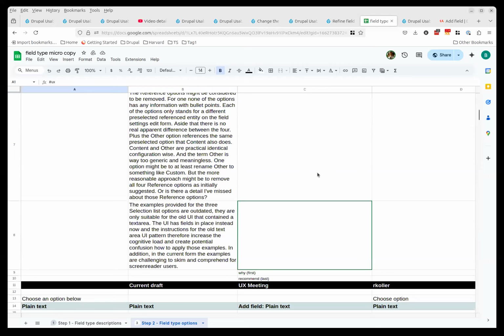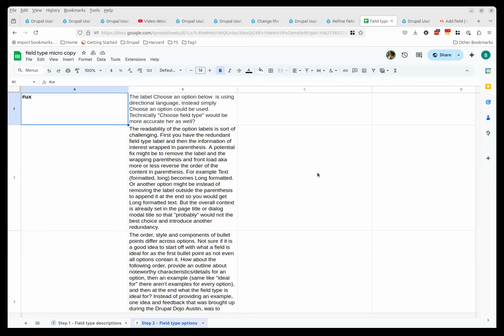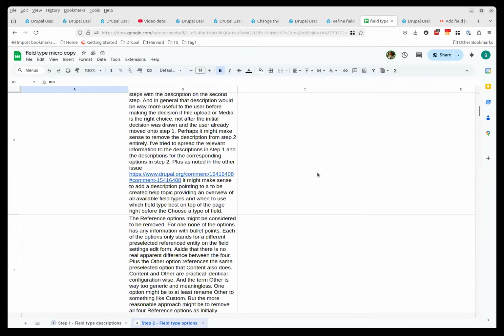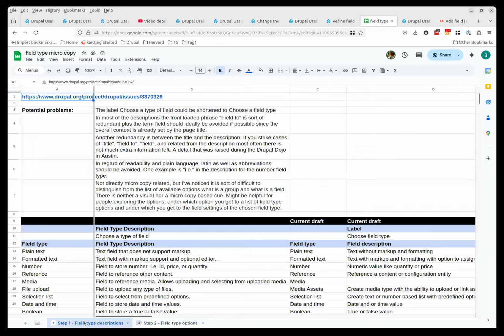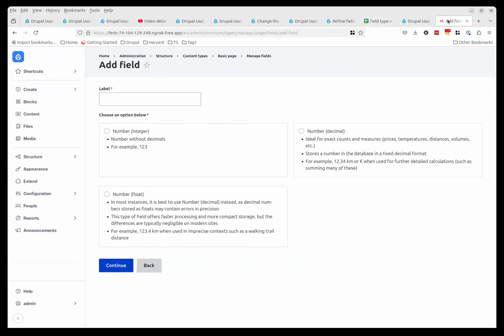Summarize these for us. Yeah, just quickly, if you go to step 1 on the sheet. Those were mostly covered. There's only one detail we have not wordsmithed yet, which is basically the label "choose a type of field." If you take a look at the admin UI, you'll see it on top of those chip cards.